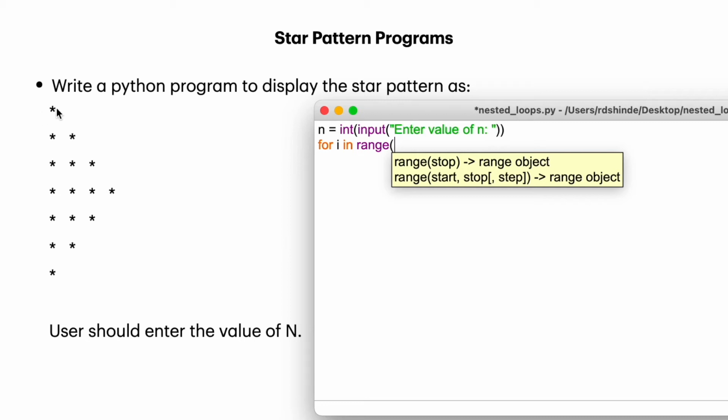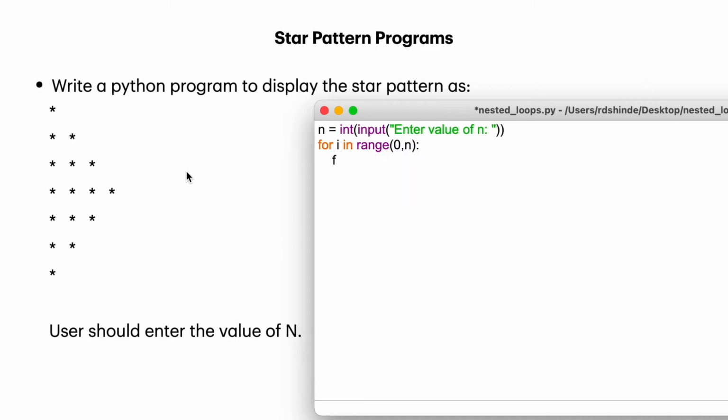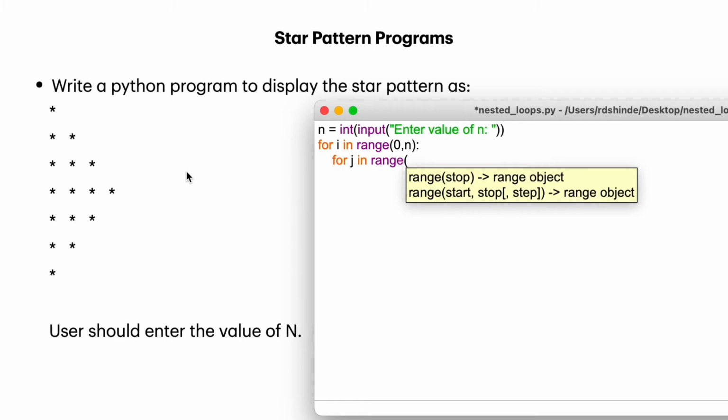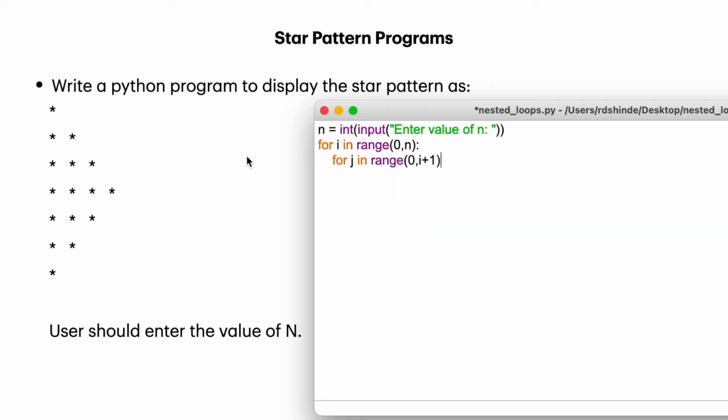So we will go from 0 to n, and then we will nest another for loop inside our first for loop, and for j in range, now j will range from 0 to i plus 1. Whatever the i is here, j will be from 0 to i plus 1.